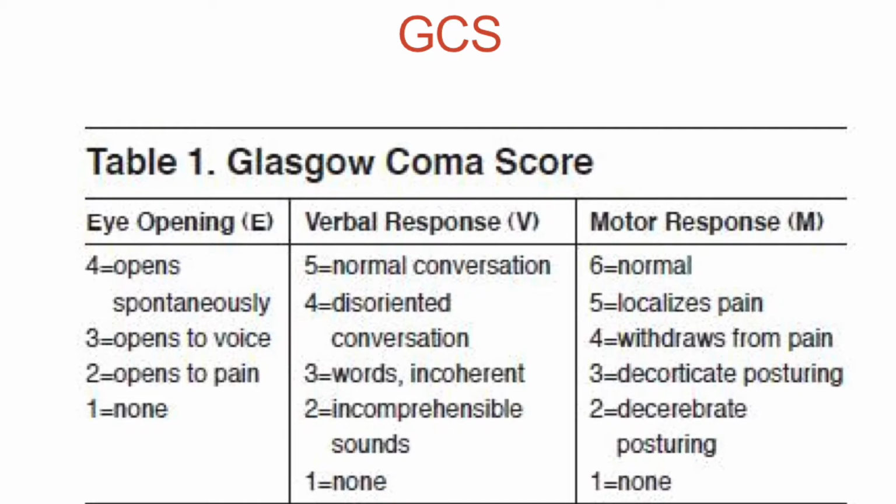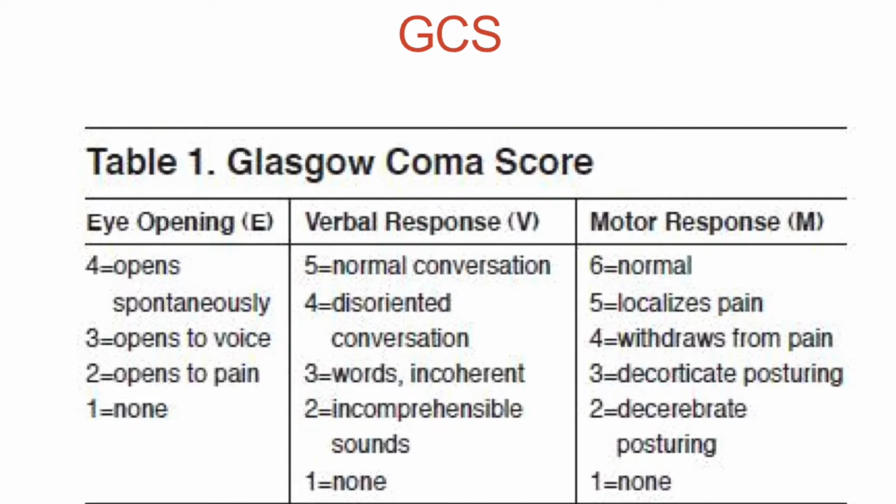So if we pinch, they actually withdraw their arm from that painful stimulus. 3 is decorticate posturing, and 2 is decerebrate posturing, which is a little advanced for your knowledge base, but decorticate is where they will turn their arms inward, and decerebrate is where they turn their arms outward, and it's a posturing maneuver. And 1 is there's no motor at all.